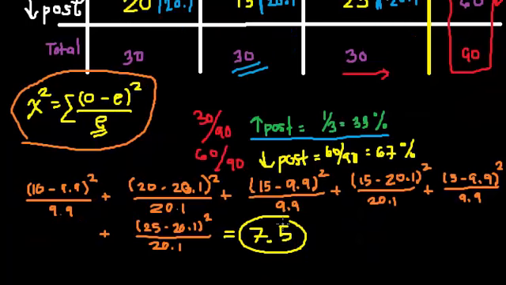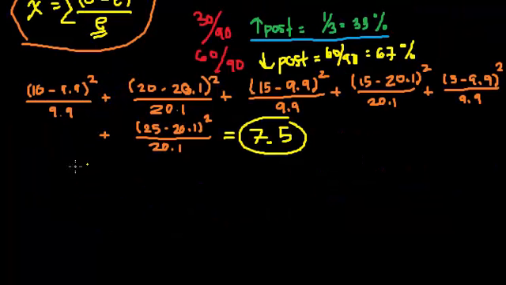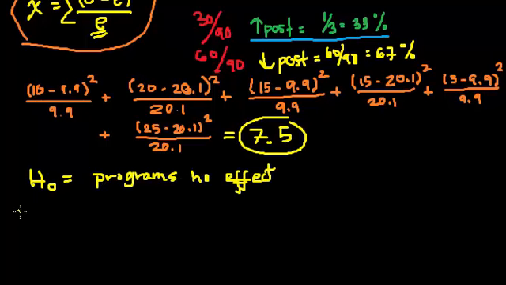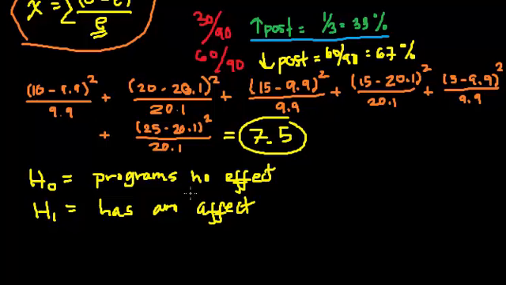We need to find out what our assumption is. So first we need to grab an assumption that we assume that the program has no effect. The program's no effect, and the alternative is it has an effect. Notice that I did not choose what kind of effect it was.